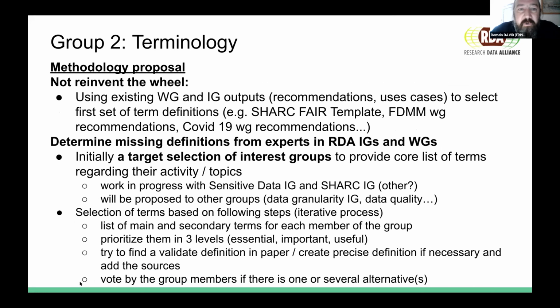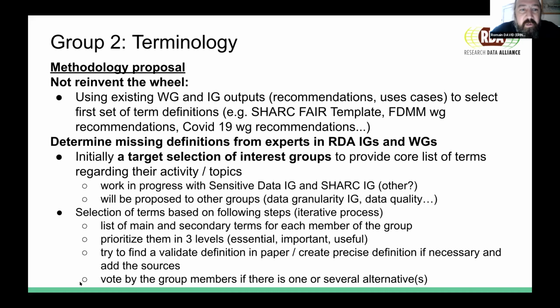For instance, from the SHARC interest group SHARPER templates, the FAIR Data Maturity Model working group recommendations, the COVID-19 working group recommendation, etc. So we want to determine missing definitions from experts in RDA interest groups and working groups.